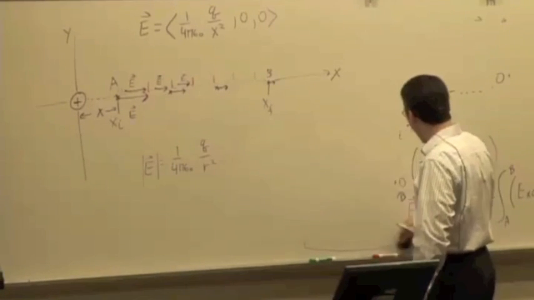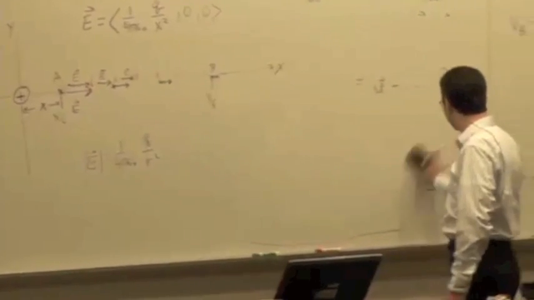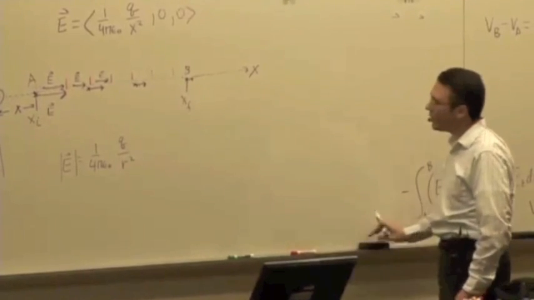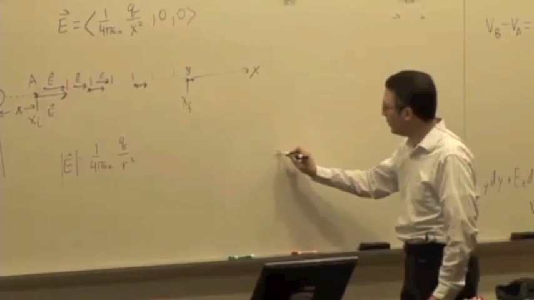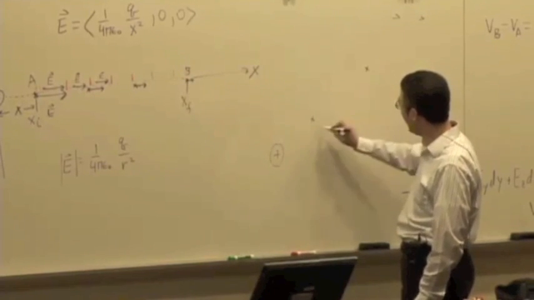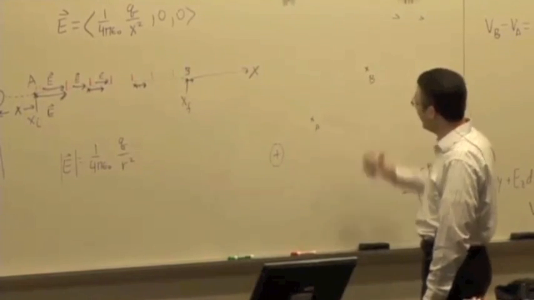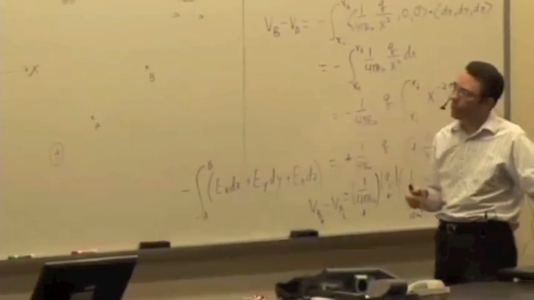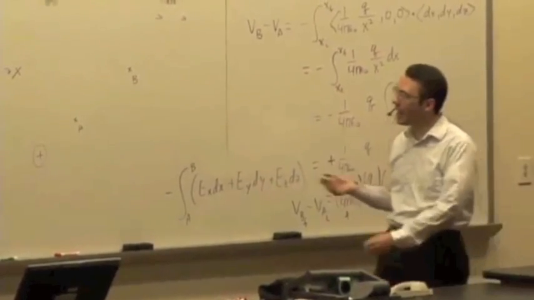And in fact, we did it on the x-axis. But it turned out to be an even more general result, because I could have thought of, for instance, 2 points A and B that don't lie on the x-axis. Maybe they're still collinear, okay, with the point charge, but they don't lie on the x-axis.